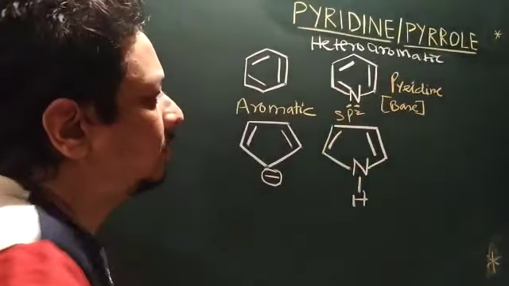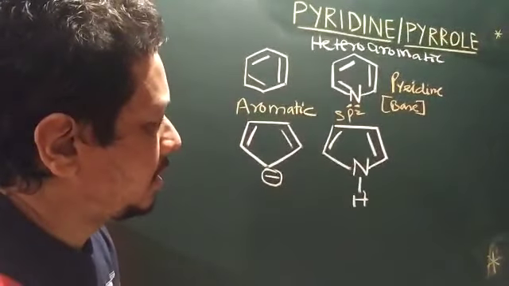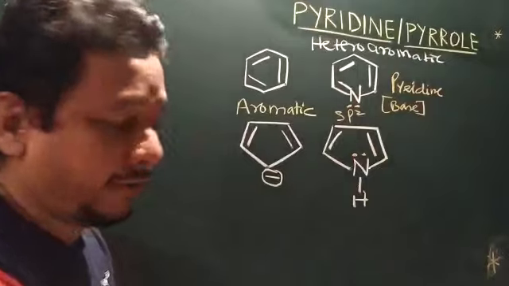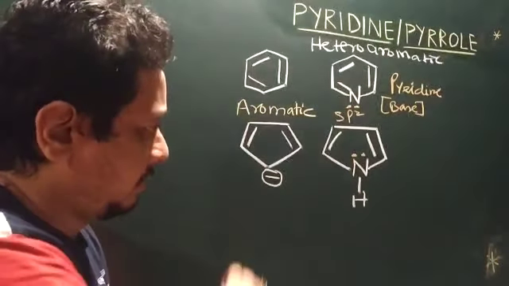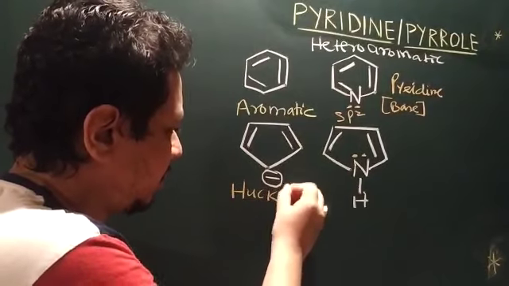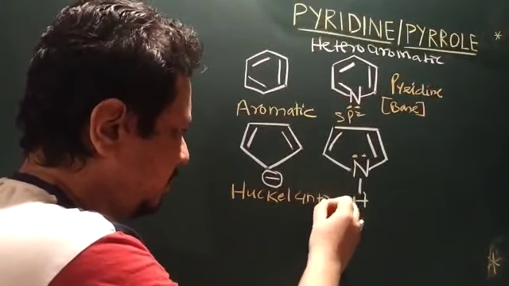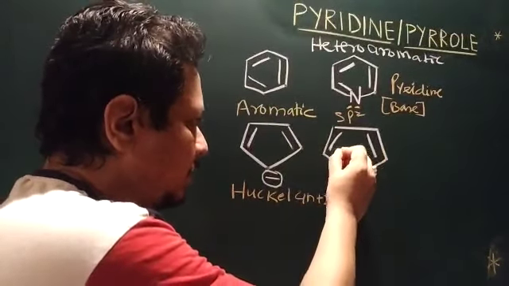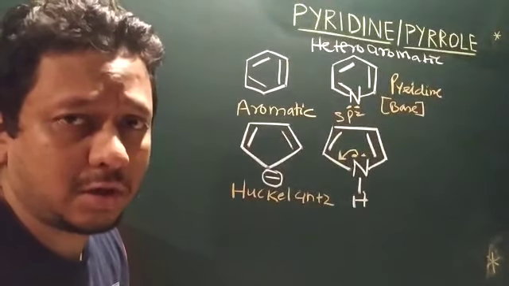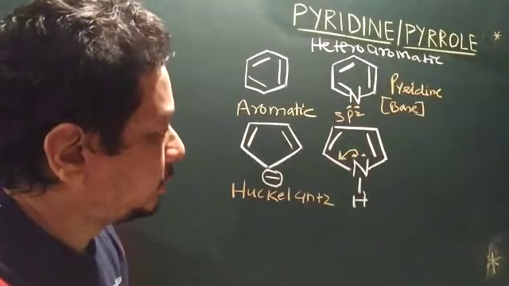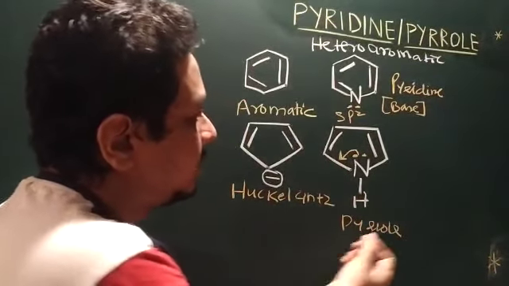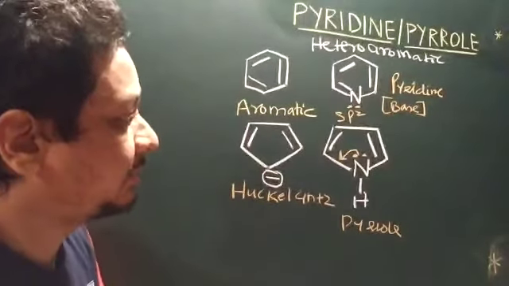But over here, to fulfill the Huckel 4n+2 rule, this lone pair has to participate in the resonance in order to fulfill the 6 electron concept. And that's why this structure is known as pyrrole, which is heteroaromatic, but it is 5-membered.